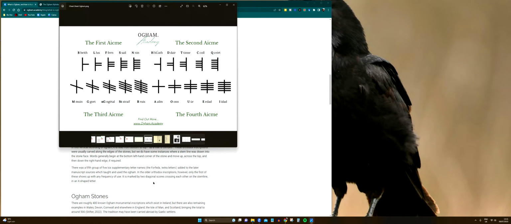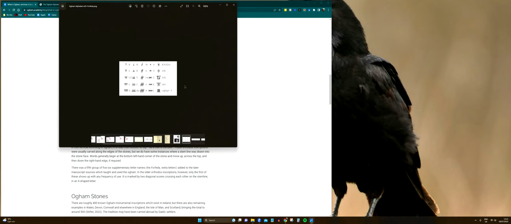It is marked by 2 diagonal scores crossing each other on the stem line in an X-shaped letter. So I believe this one would be. So these are the 4 feather, and then this is the one that shows up in the older Orthodox Ogham inscriptions, and the rest then come from the manuscript tradition.